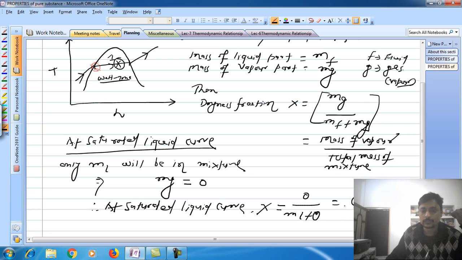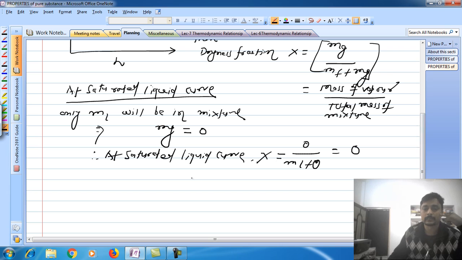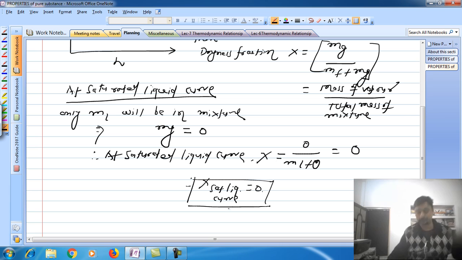So this will be 0. So x at the saturated liquid curve will be 0. This is one important observation regarding dryness fraction.